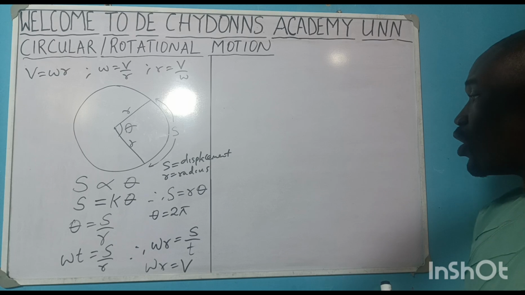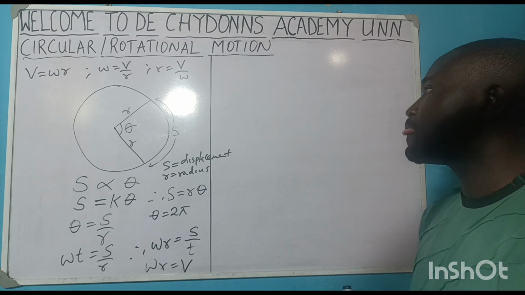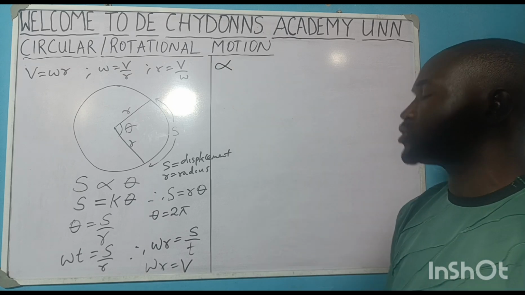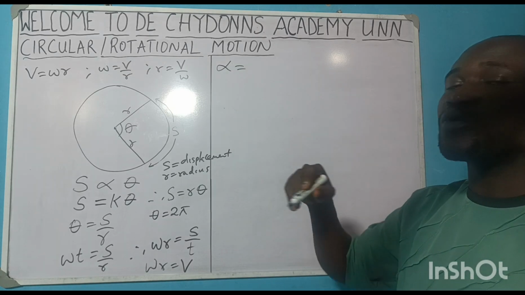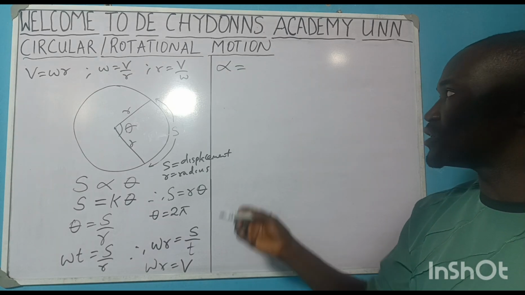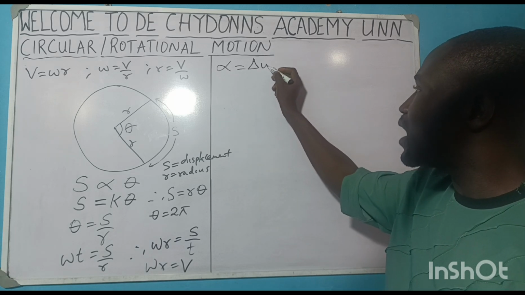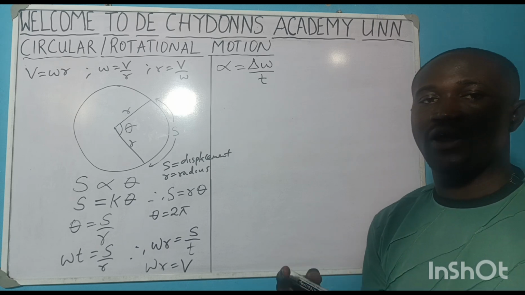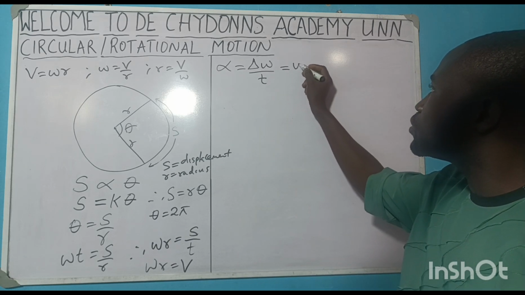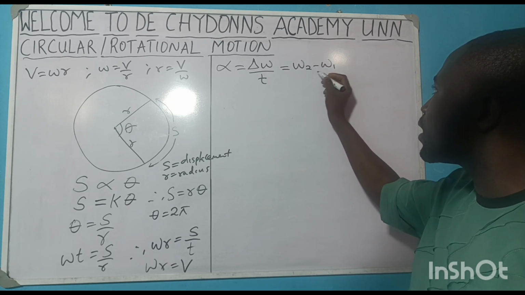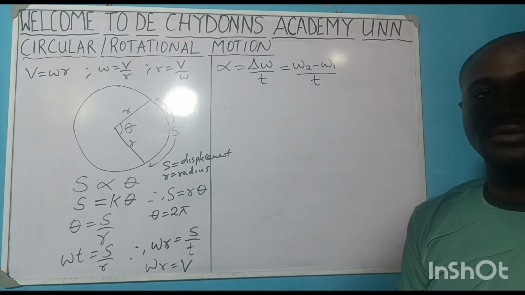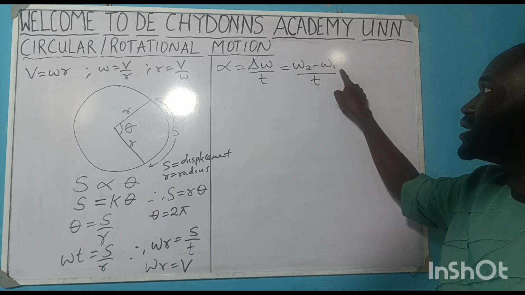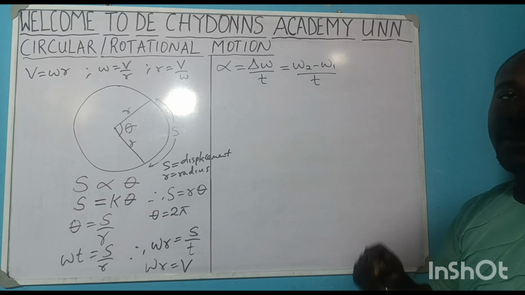Next thing we need to check out is the meaning of angular acceleration. Angular acceleration is equal to rate of change of angular velocity. That means change in angular velocity all over time, equals W2 minus W1 all over T. Now, W2 is final angular velocity, W1 is initial angular velocity, and this is time.